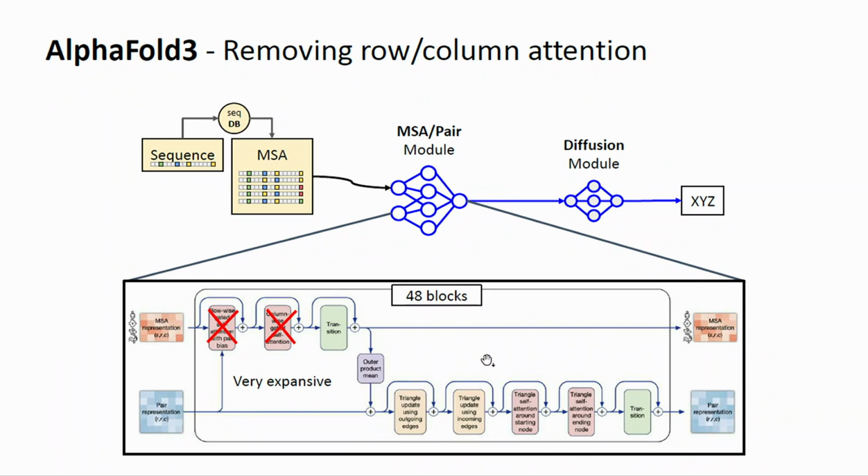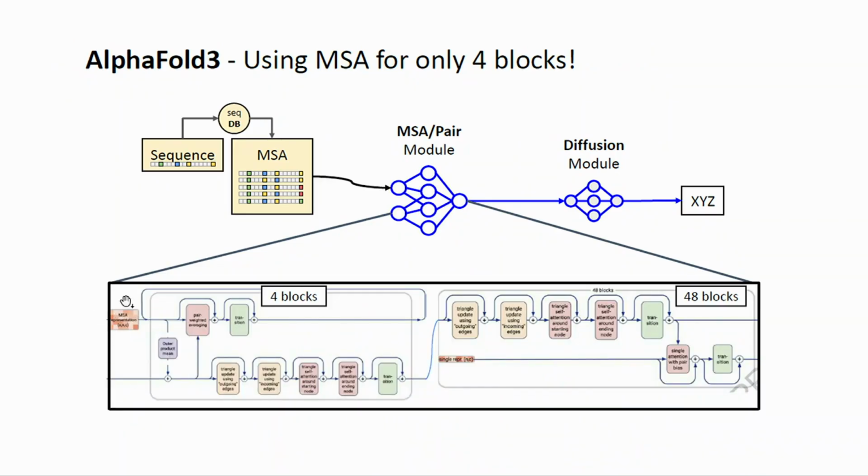So one thing they remove is the axial attentions. They don't find them very useful, and they just directly apply some initial transitions. Instead of carrying over the MSA for every recycle, they only keep a short MSA-aware update for 4 blocks.